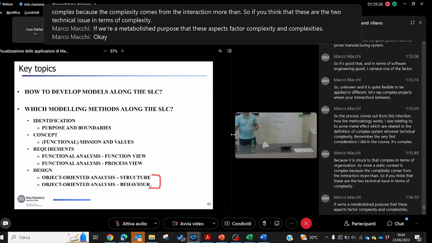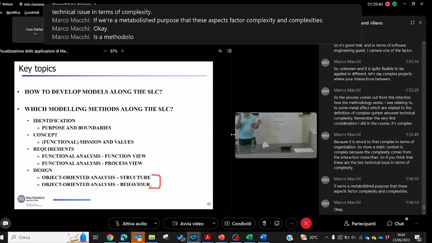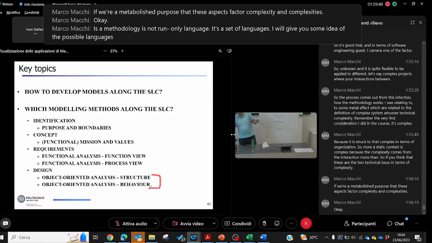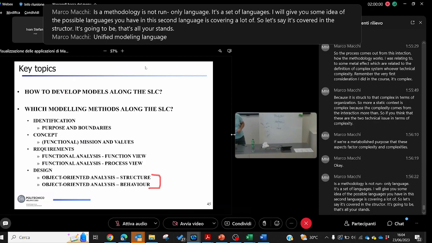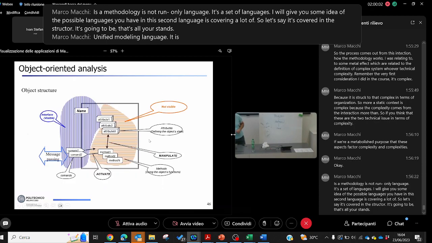UML is a methodology, it's not only one language, it's a set of languages. I will give you some ideas of the possible languages you have. This set of languages covers a lot of aspects. So let's say it's covering the structure, it's covering the behavior. That's the point. UML stands for Unified Modeling Language. It is originally from the object-oriented perspective in terms of software.